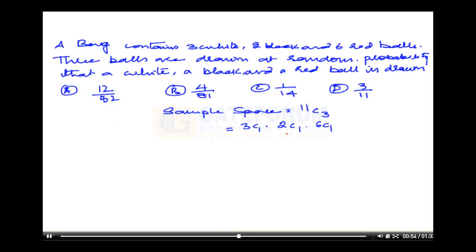Hence the probability of the event, that is drawing 1 white, 1 black and 1 red, is 3C1, 2C1, 6C1 by the total number of events, that is sample space 11C3. So by simplification we get 12 by 55. So that is A, the required answer.